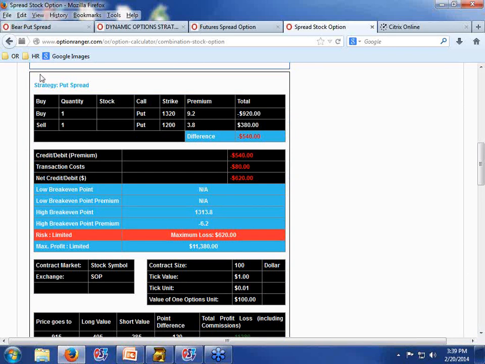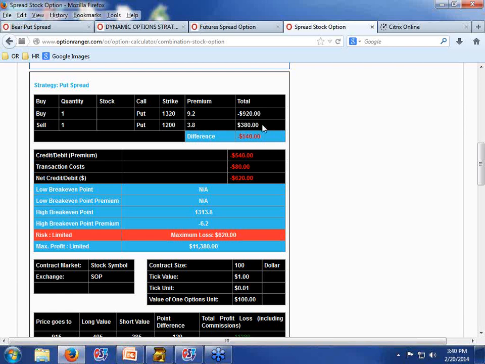And now, first of all, you get the dialog box here that gives you all of the bare bones description of the trade. You buy a put, in this case it's a put, that gives you the right to sell at $13.20, and you're spending $920. If you're not expecting the market to drop huge or with rising volatility, which is where a bear put is done, it's for that scenario, you would also sell a put at $12.00, $120 lower, for $380.